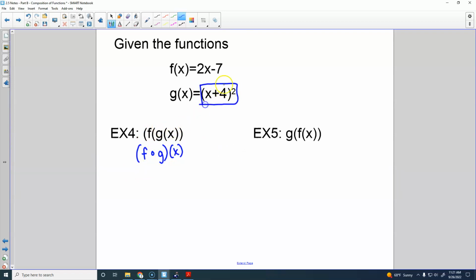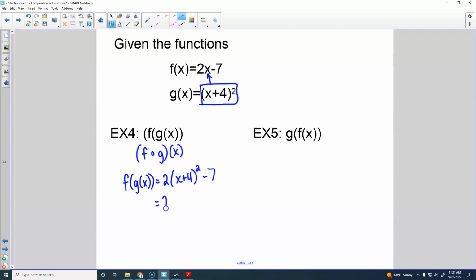G here is being plugged into F. So F of G of X would be 2 times x plus 4 squared minus 7. You do the 2 times x plus 4 squared first.